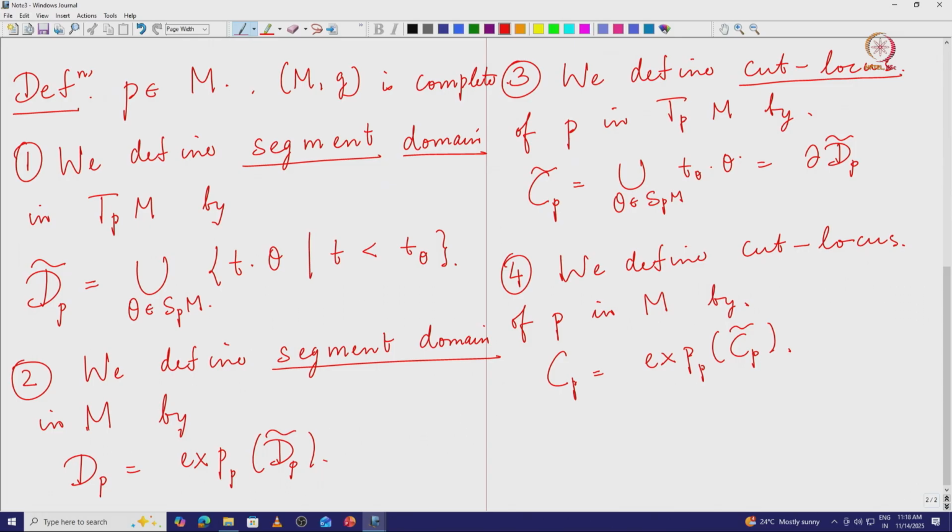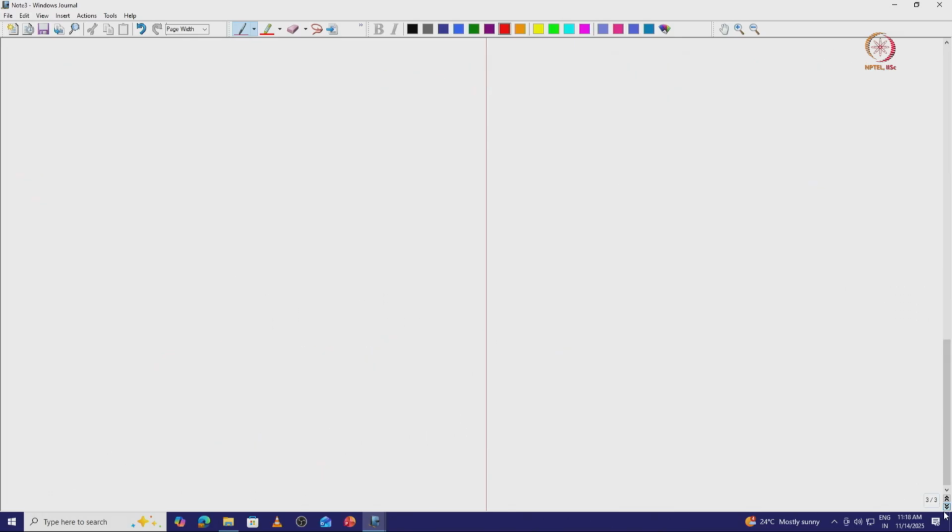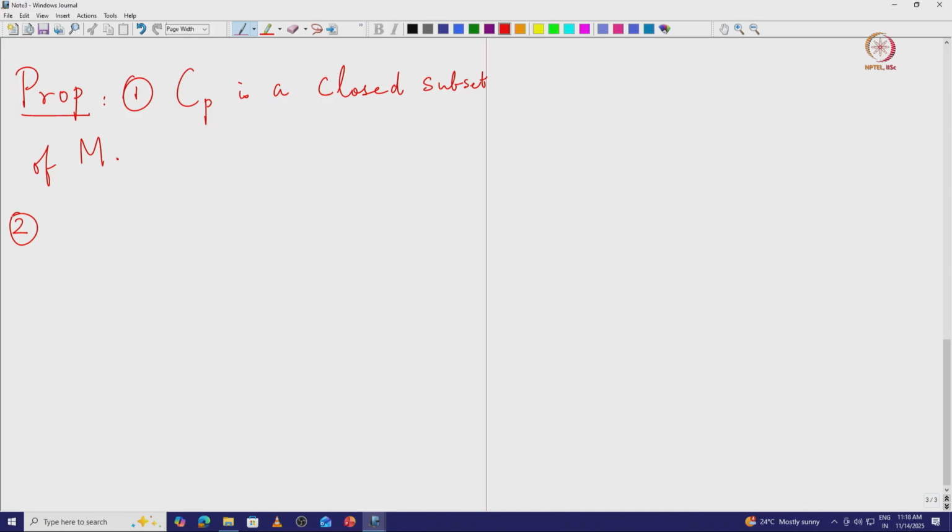So here is the key proposition. Firstly, this cut locus is a closed subset of M. Second, the segment domain in M is precisely the complement of the cut locus.